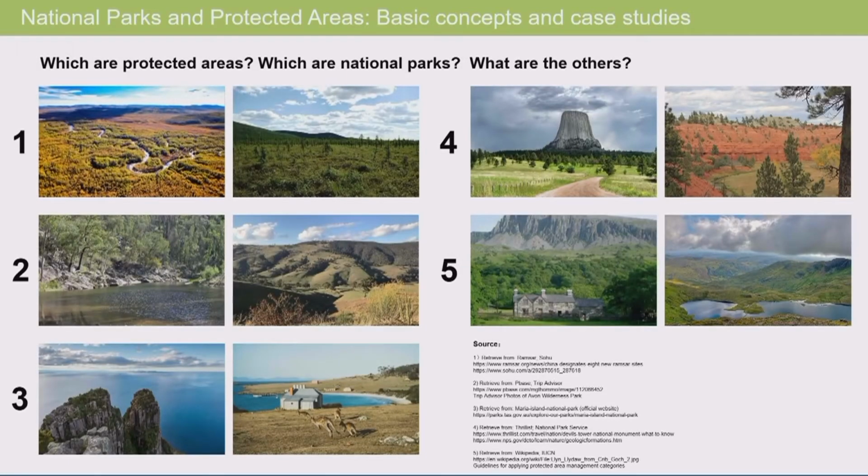So which are protected areas? Can you guess? And which are national parks? What are the others? Actually, all of them are protected areas, but only group 3 is national parks. I will explain why.